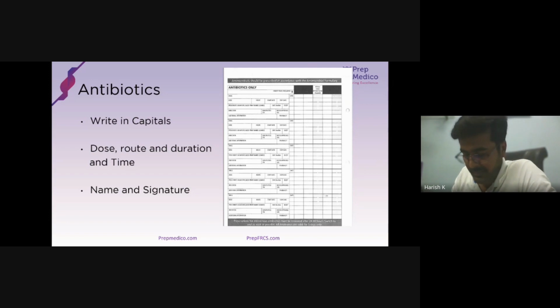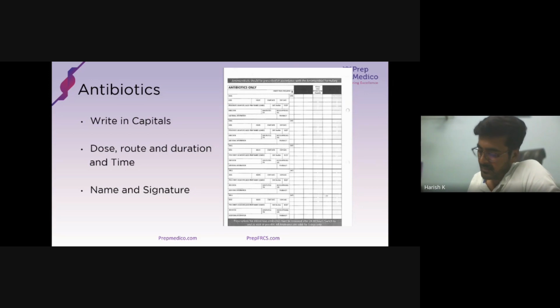Yeah, please. With respect to antibiotics, always know which antibiotics you should avoid. When you read the question properly, the patient might be pregnant, so you should know which antibiotics to avoid in pregnancy. And like Harish said, you should know the duration of antibiotics. It might change with the gender as well. It could be 3 days, 5 days, 7 days, 10 days.